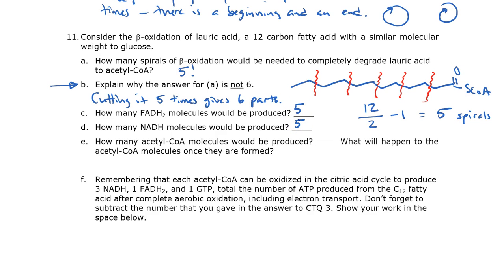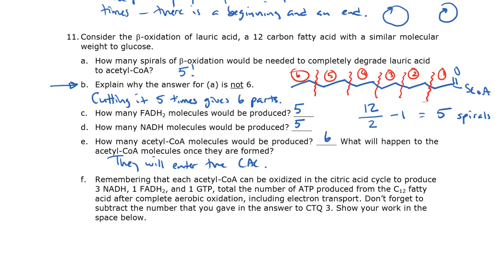Part E. How many acetyl-CoA molecules will be produced, and what will happen to them? Pause and write your answers. Pause now. So you got 6, yes? In my picture here, I have 1, 2, 3, 4, 5, and 6 2-carbon pieces.